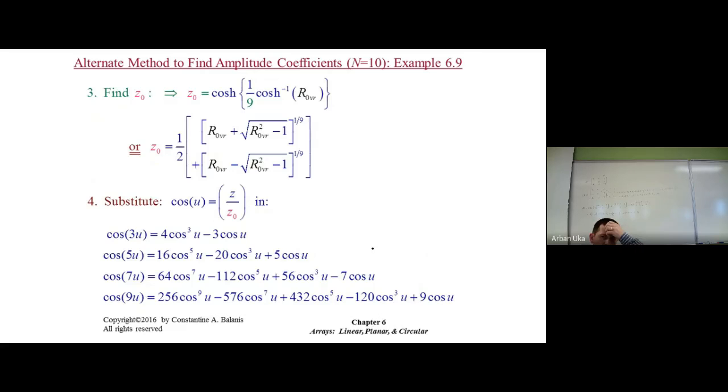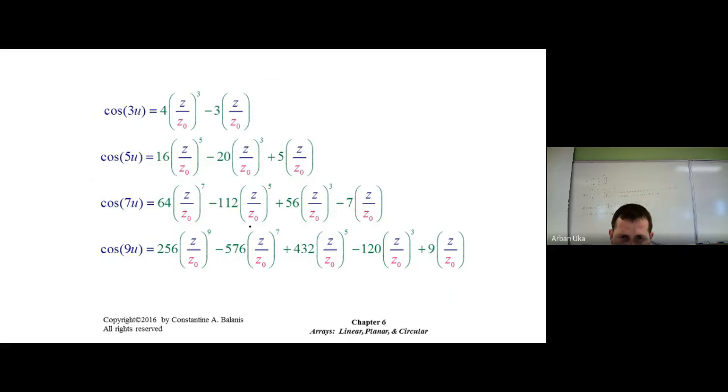Let's move ahead. So we said that Z0, we need to find it, and we calculated this one a while ago. Then we said that cosine U can be described as z. And let's not forget, when we derived the Chebyshev polynomials, we had that cosine alpha was equal to z. So again, we have similar expressions of the cosines.